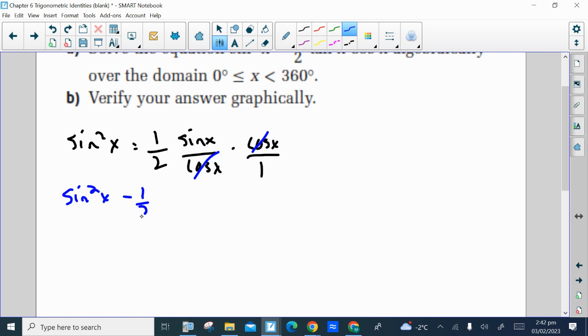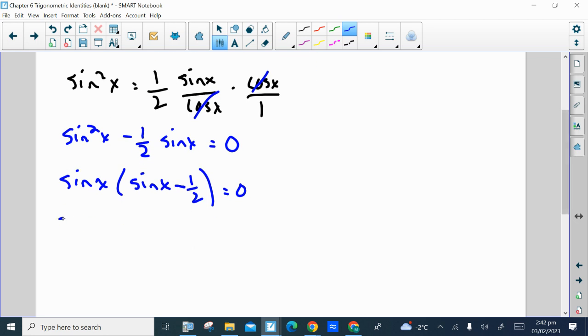If I subtract it from both sides and make it equal to 0, I can factor out a common factor of sine x. And so our solutions will come here where each factor equals 0.